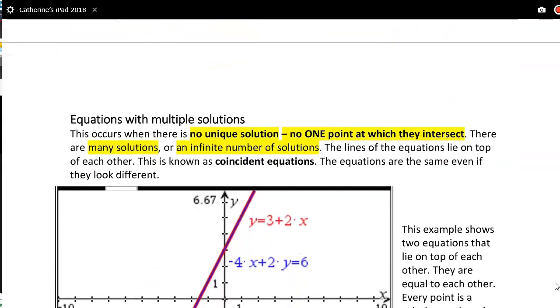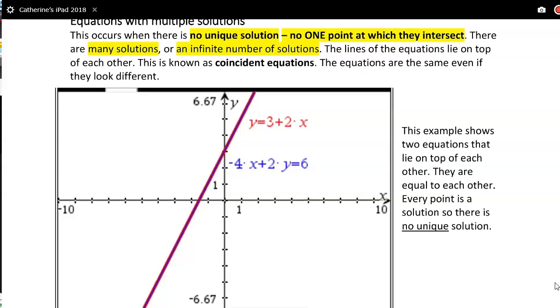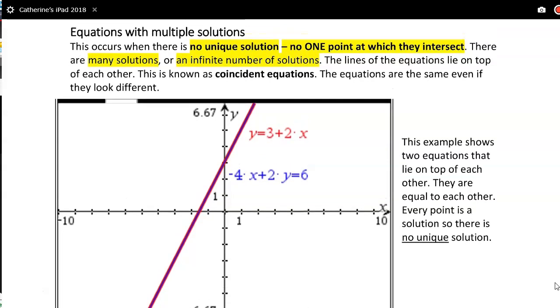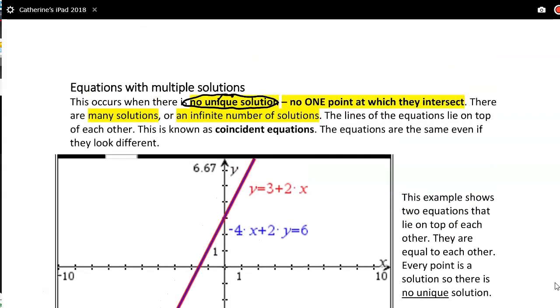Another situation is when they have multiple solutions. So, in other words, there's no unique solution. When our lines cross nicely like that, there is what we like to call the solution.